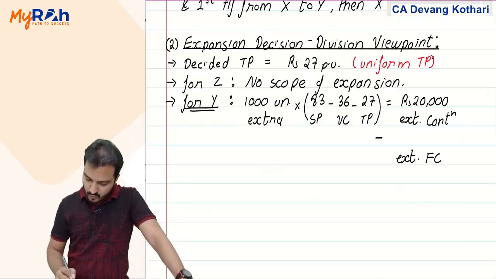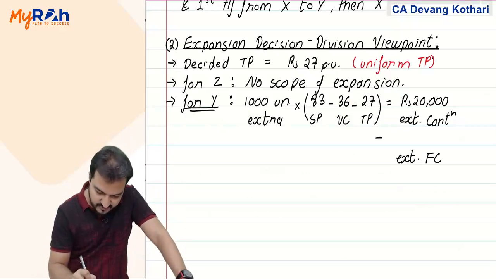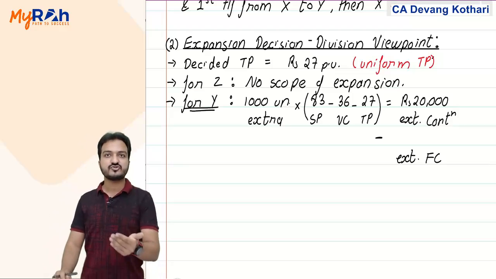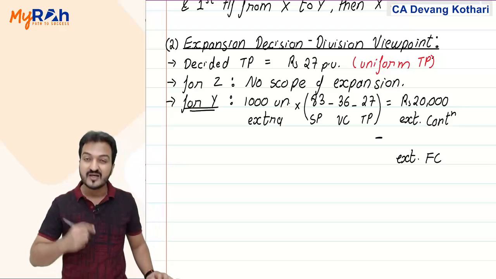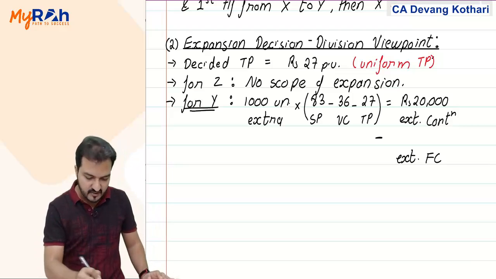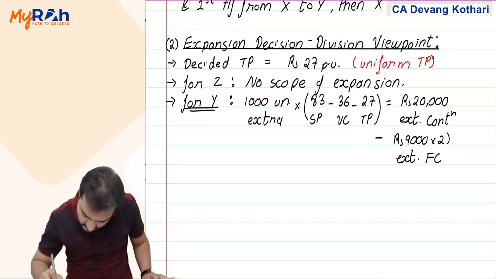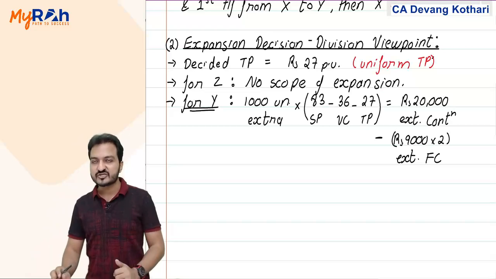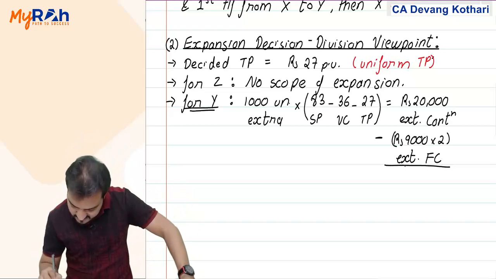If Y will produce 1,000 extra units, that is 20% extra capacity, and for 20% extra capacity it will incur 9,000 two times, that is 9,000 into 2, 18,000 extra fixed cost. 20,000 extra contribution, 18,000 extra fixed cost.